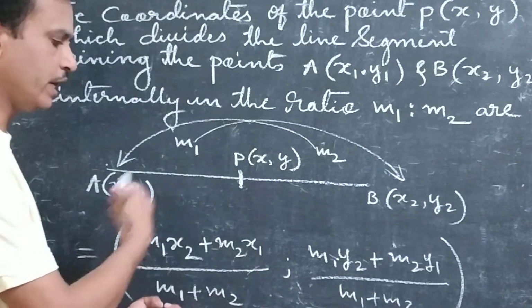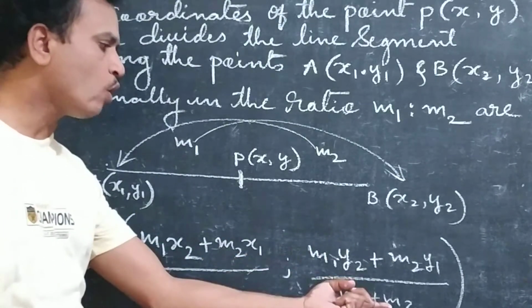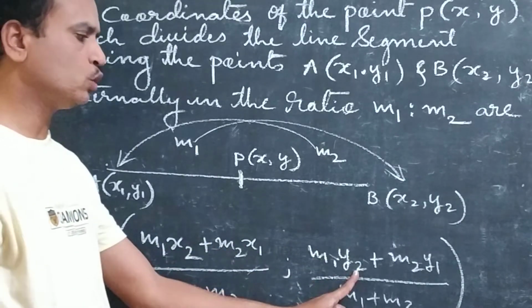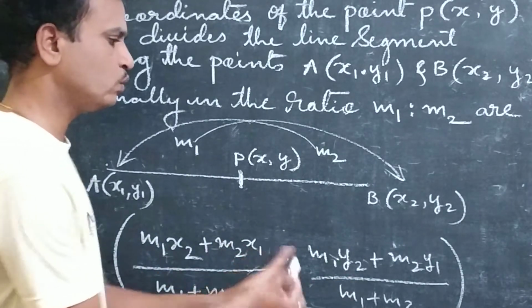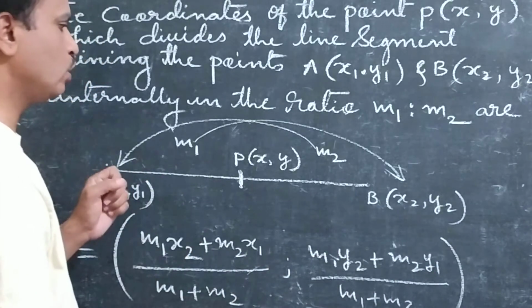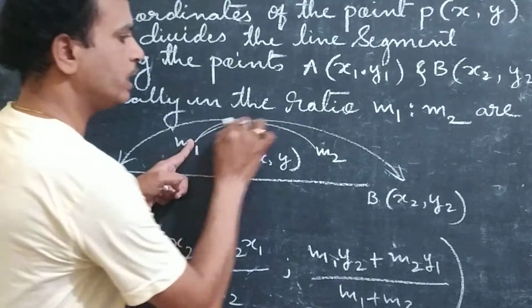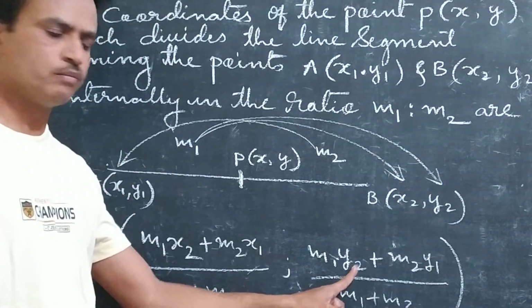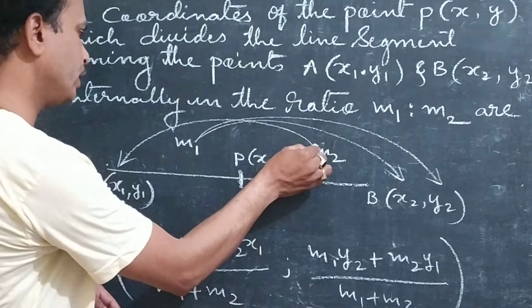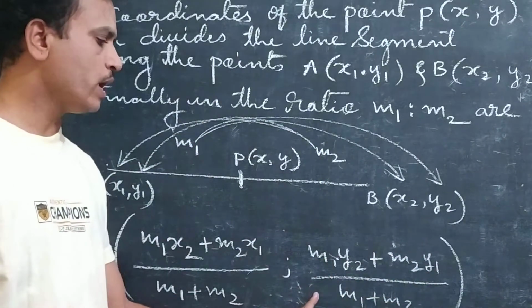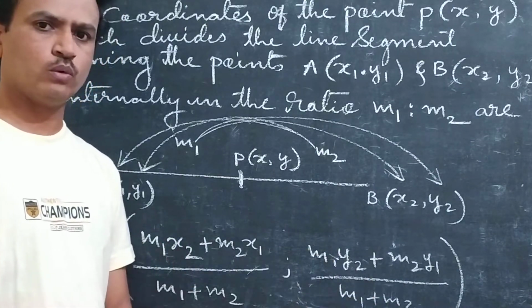That is to find the x coordinate. To find the y coordinate, nothing else changes. Instead of x2 we should take y2, and instead of x1 we should take y1. Remaining all same. So that also I will tell you: m1 into y2 plus m2 into y1, whole divided by m1 plus m2.